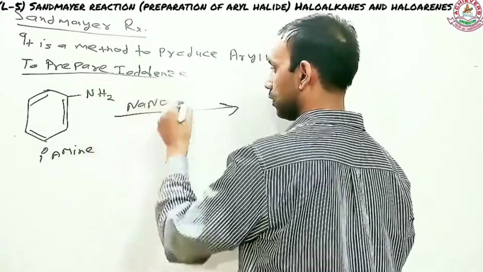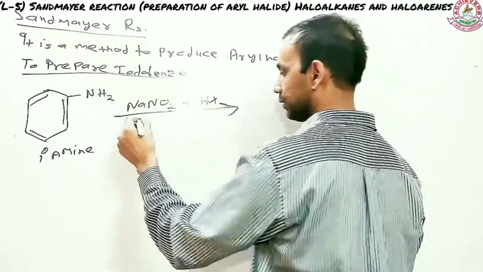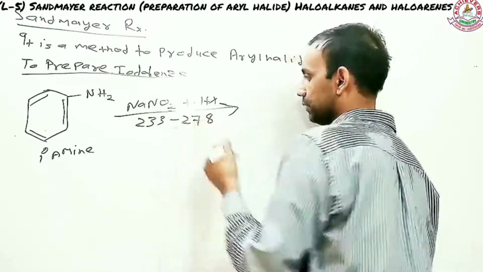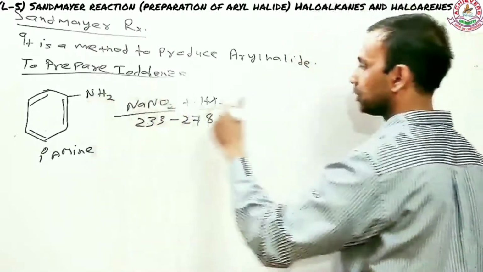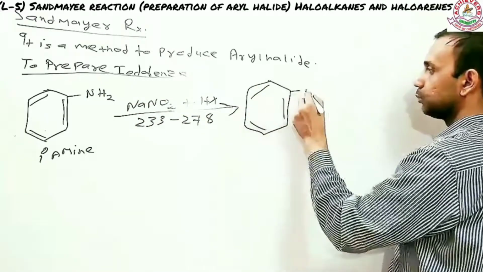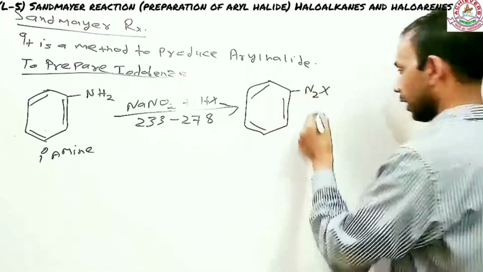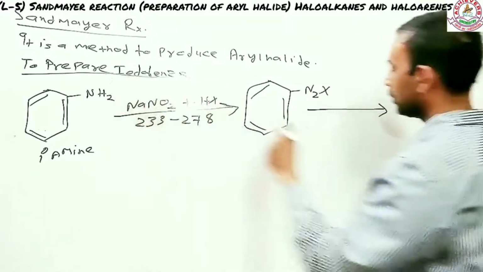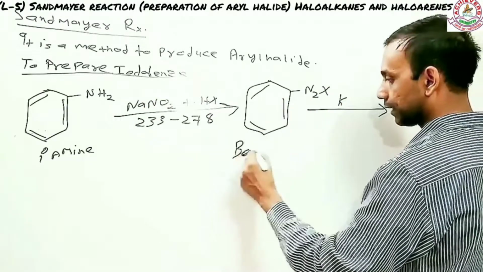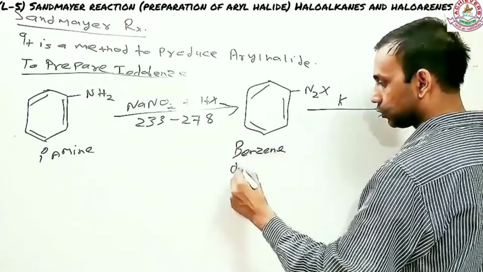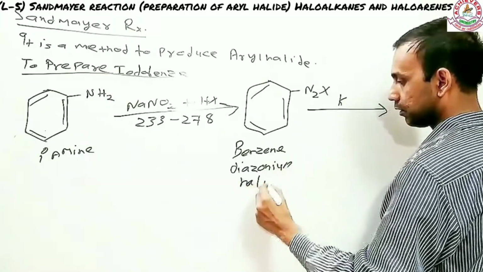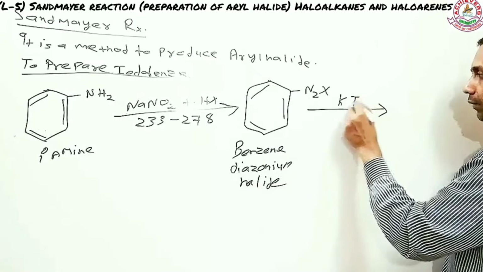NaNO2 plus HX, and this reaction is carried out at a particular temperature range, which I really don't remember exactly. So what happened? The aniline converts into a diazonium group. So this is what happened. N2X. Now, in case you wish to prepare iodobenzene, you need to react this particular benzene diazonium halide with potassium iodide.